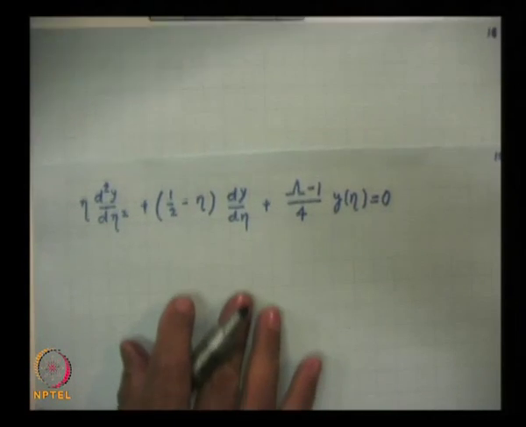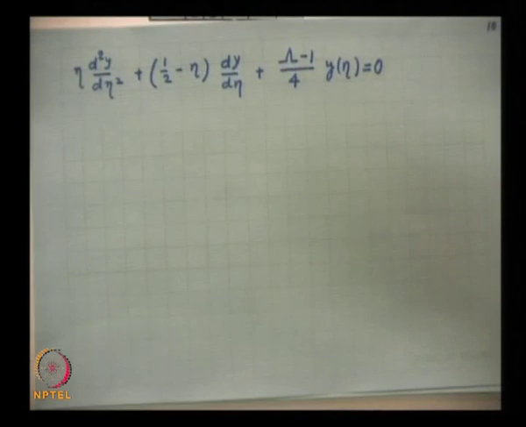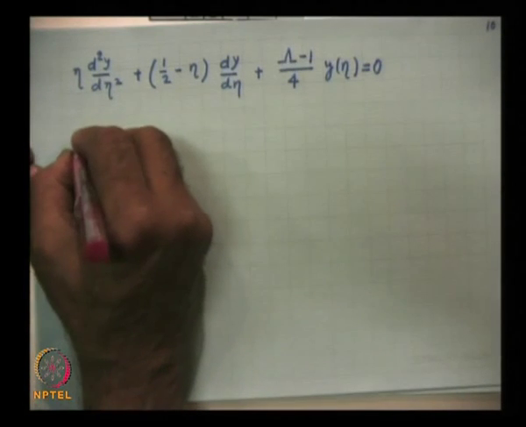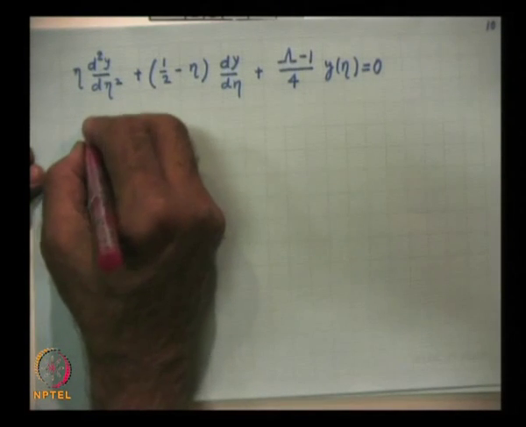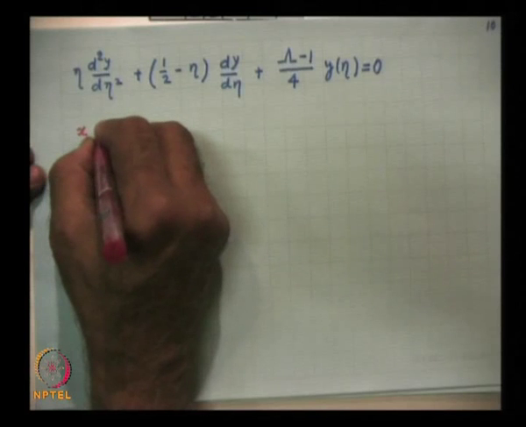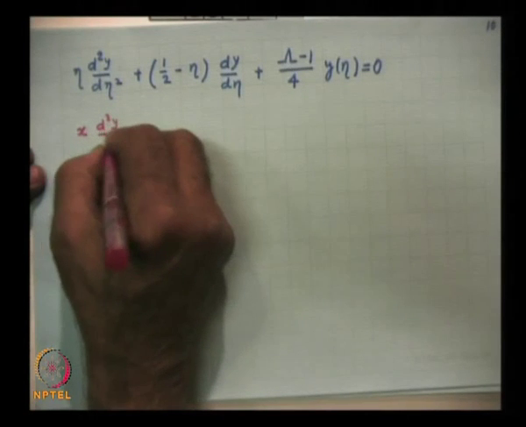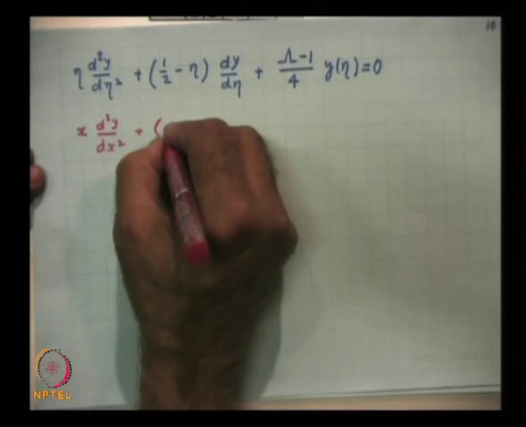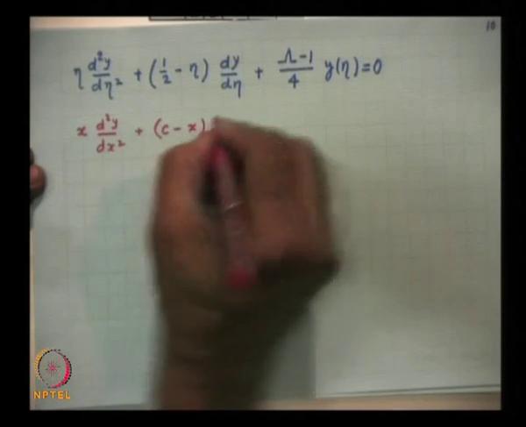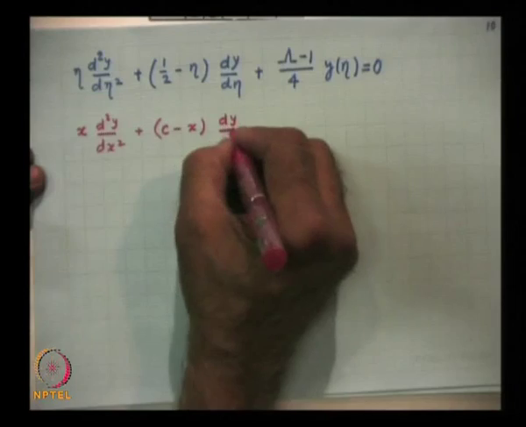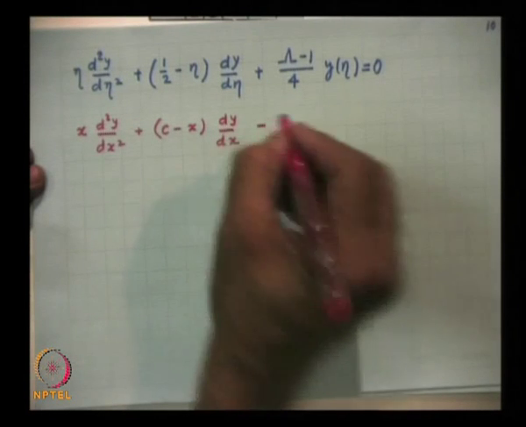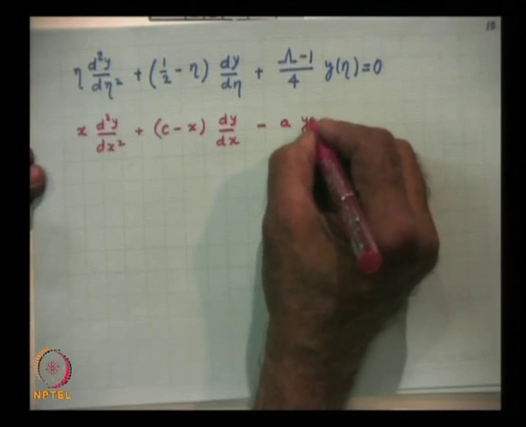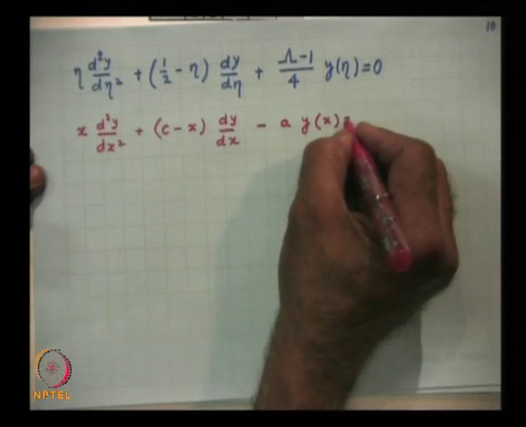And let me now write down the confluent hypergeometric equation. The confluent hypergeometric equation, if you remember, x d2y by dx square plus c minus x dy by dx minus a y of x is equal to 0.